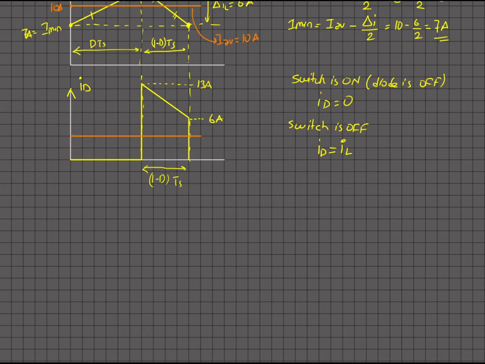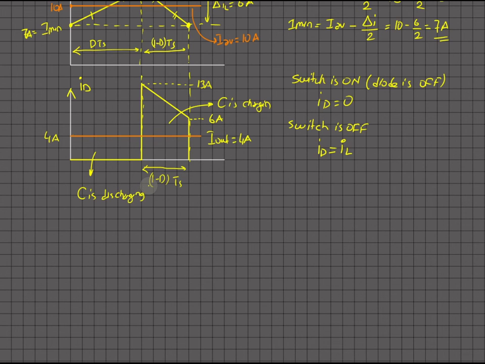That one is I out, that is equal to 4 amps. Whenever your inductor current is larger than that one, so let's draw here. So here C is charging, and here C is discharging.